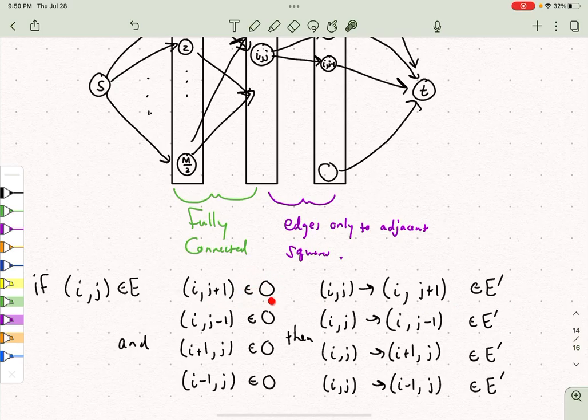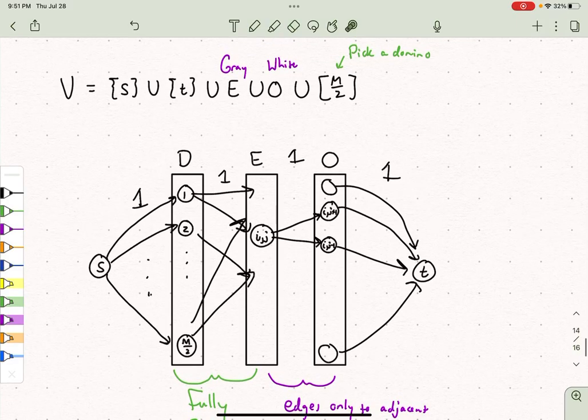If it's not an O, that means that it was deleted, and we don't want to consider deleted squares here. So NO is just a shorthand way of saying and was not deleted. So these are all the edges that correspond to an even to an odd. It's any possible adjacent square that wasn't deleted. So that's our full graph.